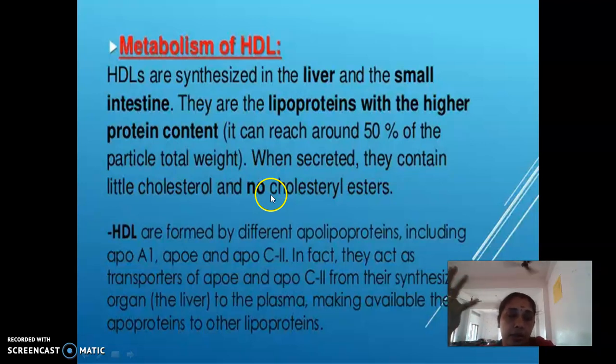This transfer is carried out by cholesterol ester transfer protein, CETP. So as they move towards the liver, slowly the cholesterol content will be getting reduced, when they give the cholesterol esters to VLDL, LDL, IDL, etc. In return, what happens? HDL accepts the TG, right?